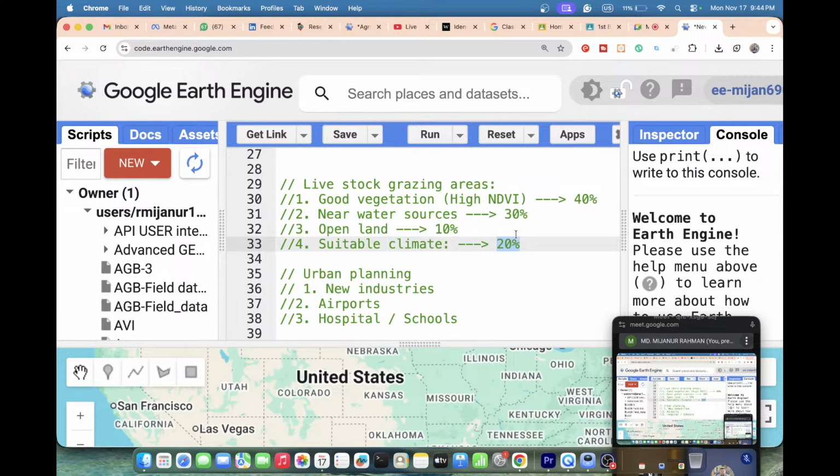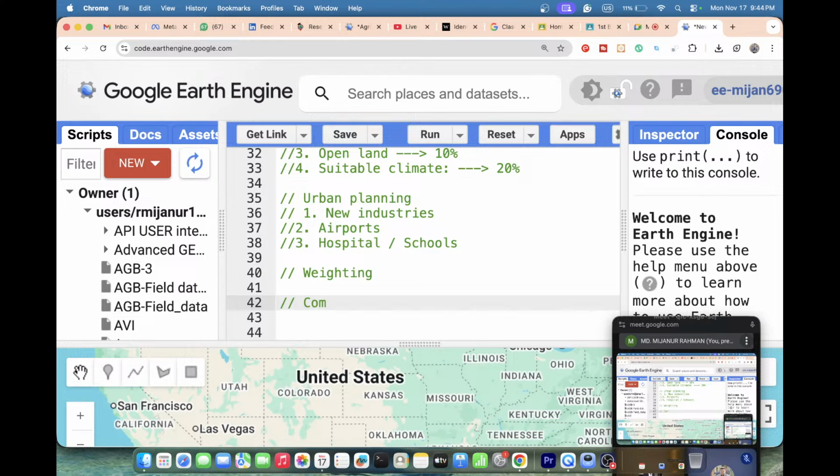Okay, and after putting the weight, we need to apply another method. It's called the combination. In the combination, after setting the weight, we need to put the combination, or it's called the overlay combination, or we can also say it's an overlay. So in the overlay section, all layers, basically all factors, are combined to compute the final suitability score.